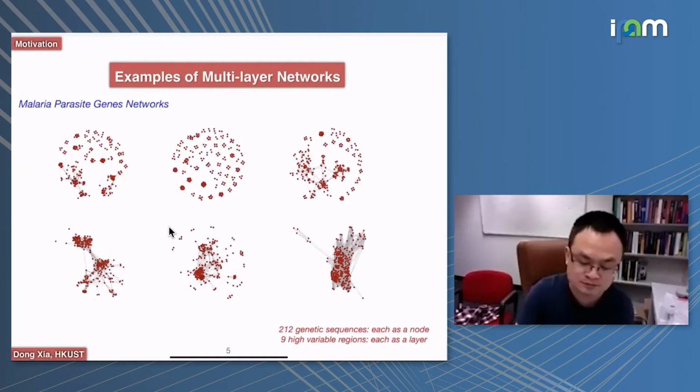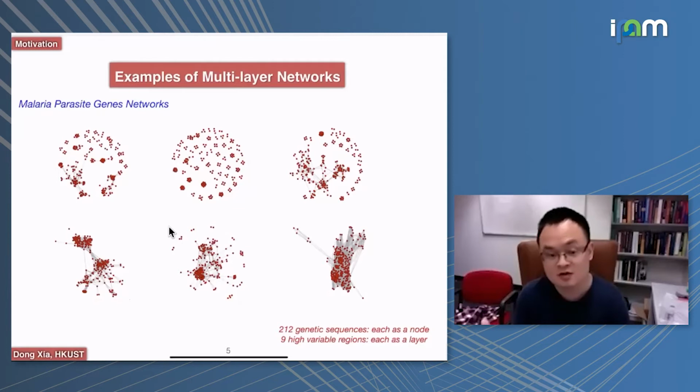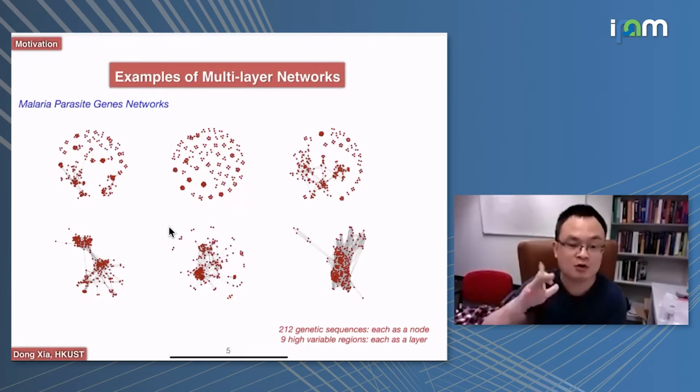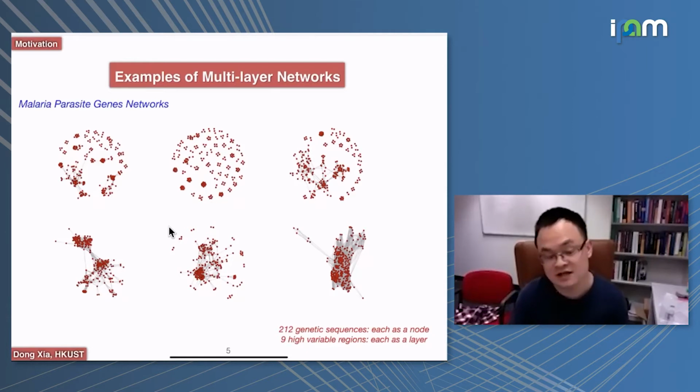If you assume every layer comes from the same community structure, then a very simple idea is to add up all these layers. But in this case, there's no meaning to apply some tensor methods, right?